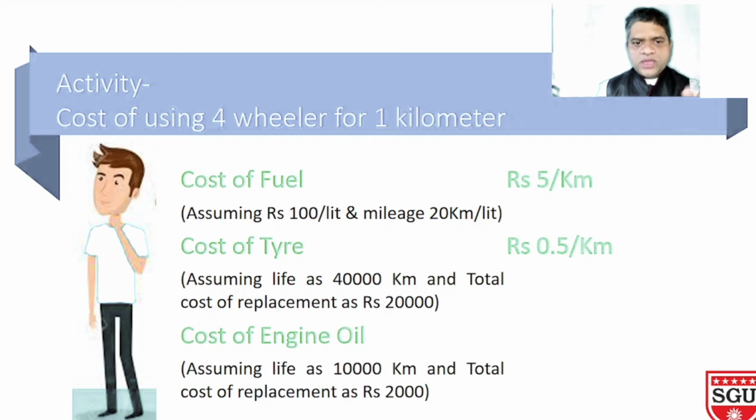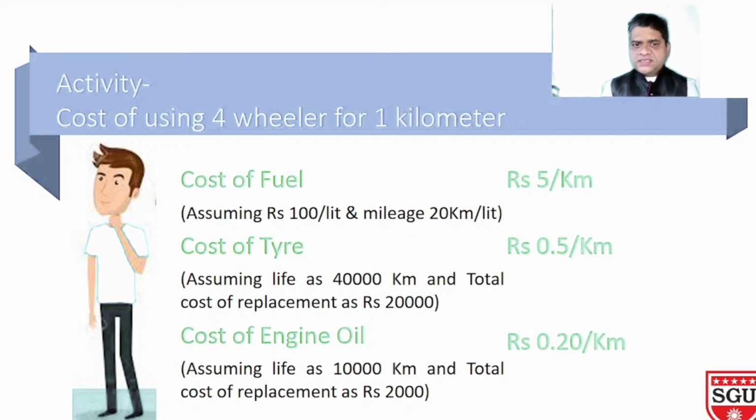Now there is one more element we are going to study, that is engine oil. Normally it is recommended by the manufacturers that engine oil be replaced after every 10,000 kilometers. If we assume the cost of replacement is 2,000 rupees, then we will get this cost as rupees 0.20 per kilometer.